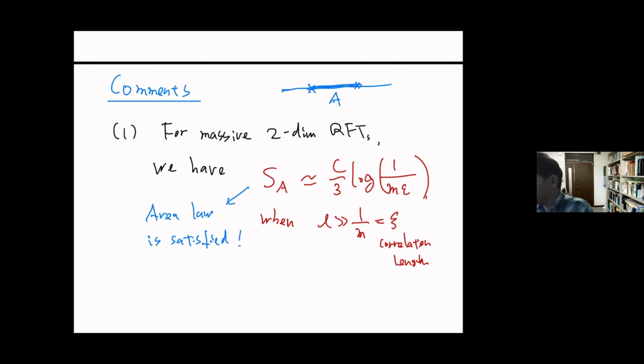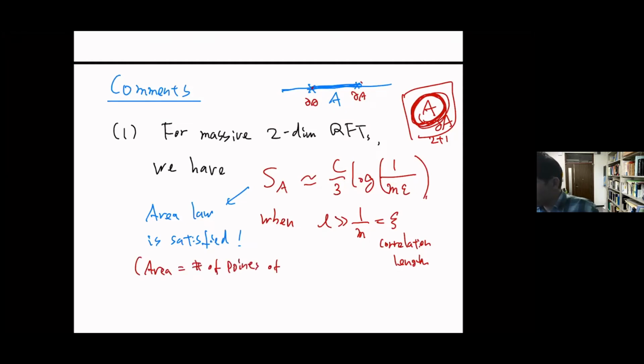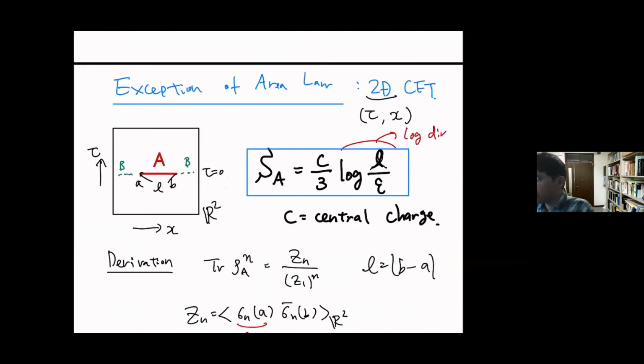If region A is here, in higher dimensions, like 2 plus 1 dimensions, the area is just the boundary length, because area is del A. But in this case, del A is just a point, so area equals the number of boundary points. So there is a 2, and if you have just 1, then we have a coefficient of 6 over c, so it is proportional to the number of points. But our previous formula does not satisfy the area law because it is proportional to log L. It's not area.